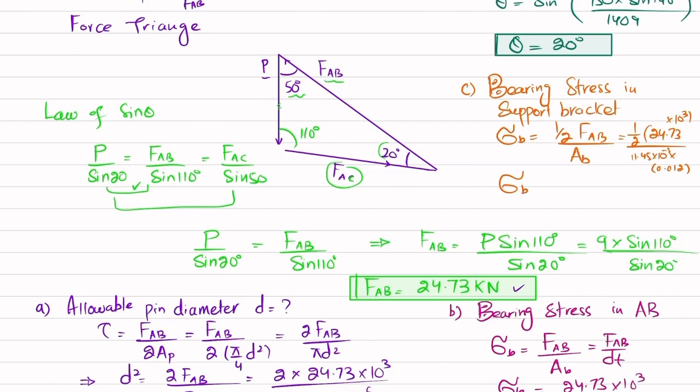So when you calculate, you will get the average bearing stress in supporting bracket comes out to be 90 into 10 raised to power 6, which is 90 megapascal. And this is the answer of our third part, C.